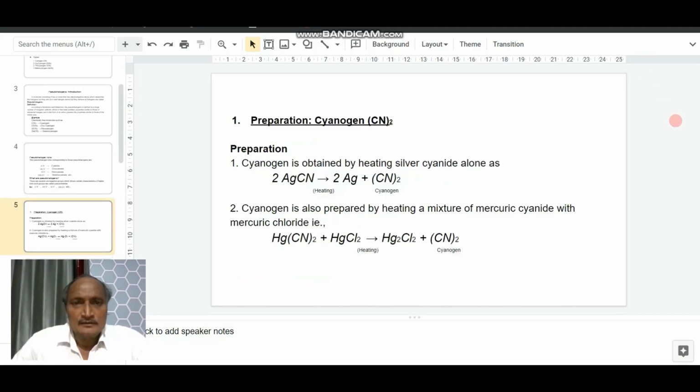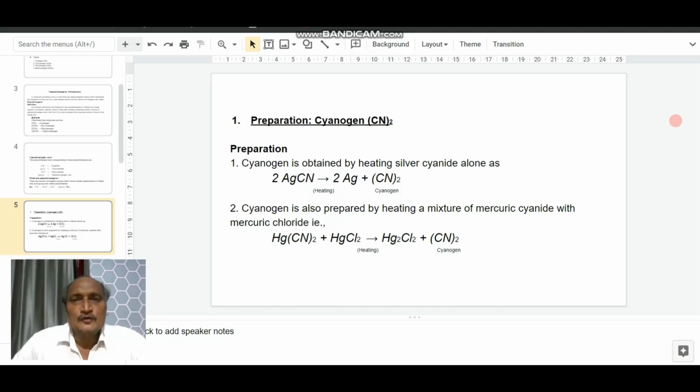Coming to the first type of pseudohalogen, that is cyanogen. Regarding the preparation of cyanogen, cyanogen is obtained by heating silver cyanide alone as shown.